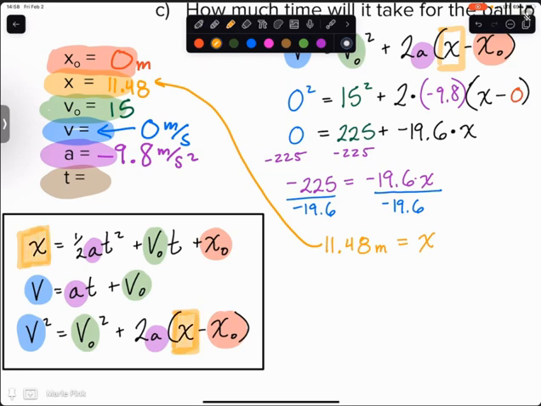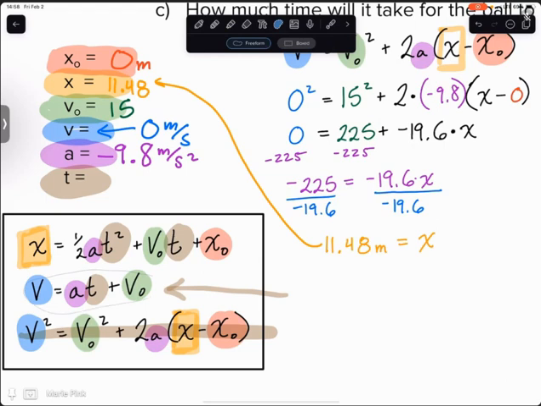And now I want to try to find time. So now I need to have one of these with time in it. Okay, well, this one's not helpful because that one doesn't have time. So I need to use the first one or the second one. Well, I will tell you, I do not feel like using a quadratic equation to solve the first one. And this one just looks really nice and easy. So I'm going to go ahead and use this one.